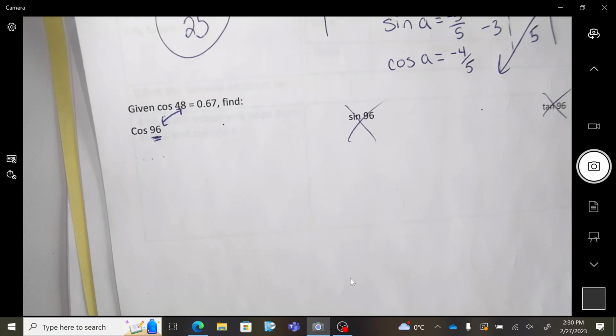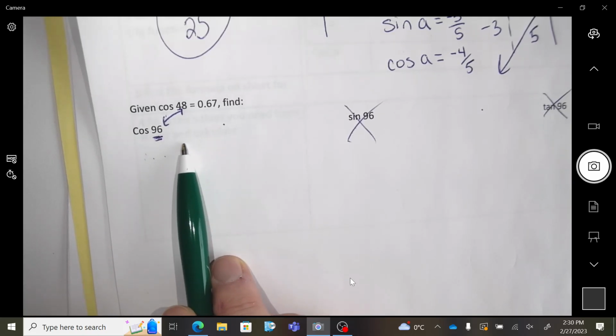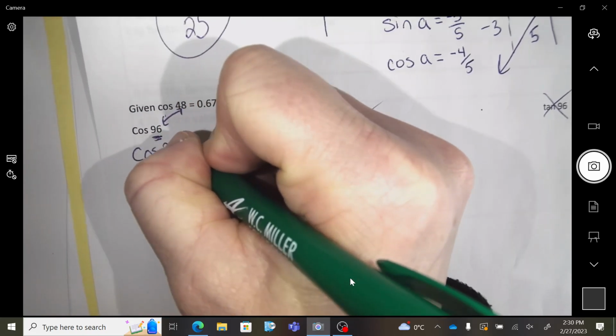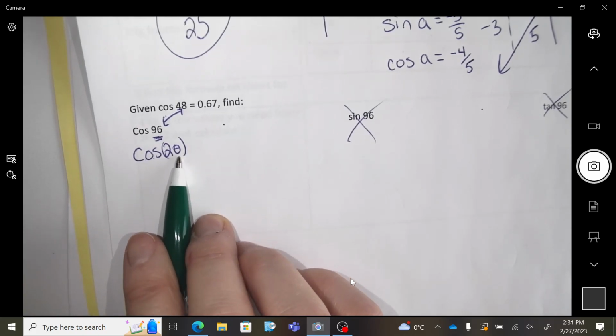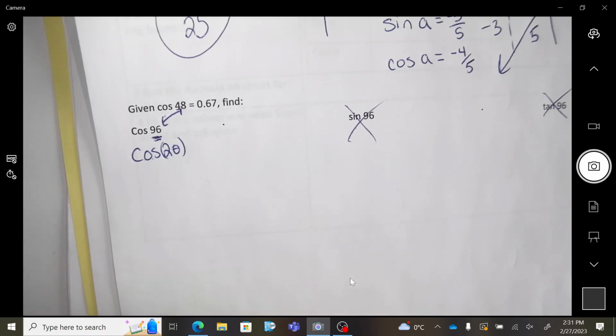Anybody know what connects those numbers? 96 is what compared to 48? Double. So I'm going to be doing, what's the cos of the double angle? Because 96 is double the 48 angle.